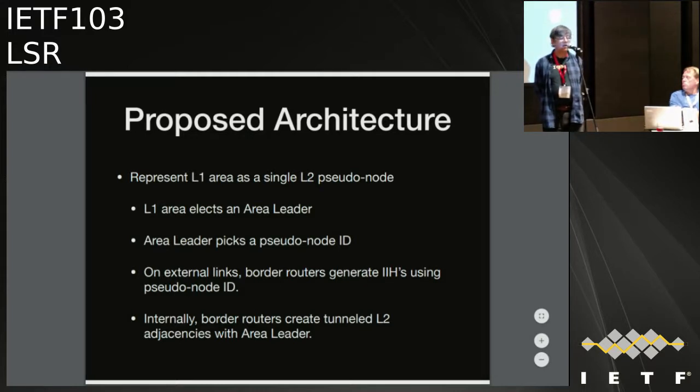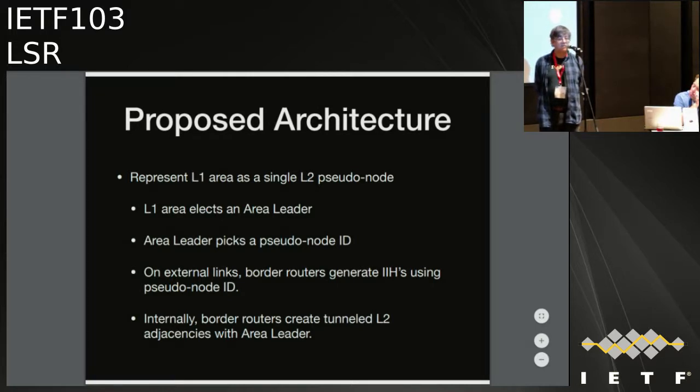On the external links, everyone talking outside of the level 1 area, we're going to use that pseudonode ID for our level 2 IIHs. I.e., we're going to lie big time. Everybody outside now looks and sees that this is just a giant pseudonode.